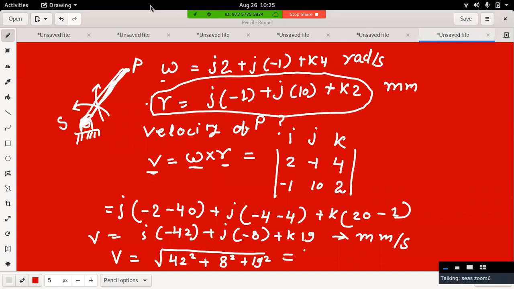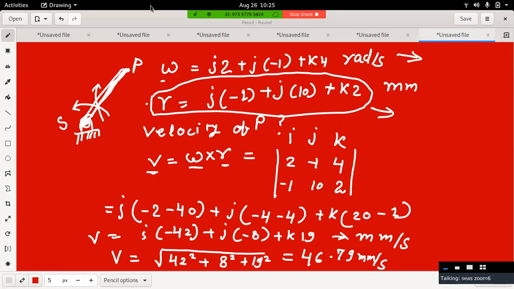So this will come as somewhat near 46.79 mm per second.